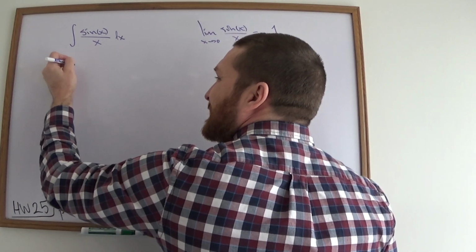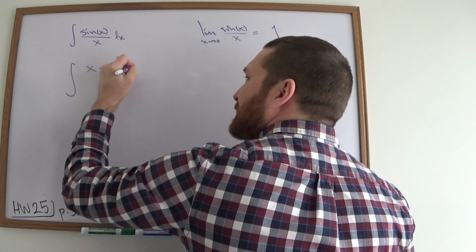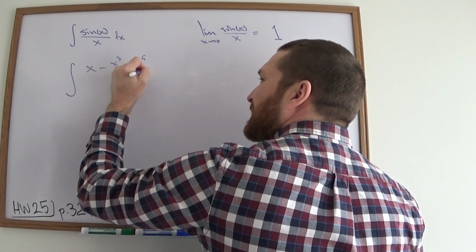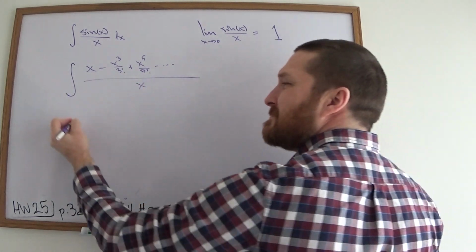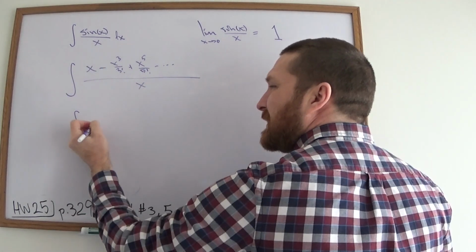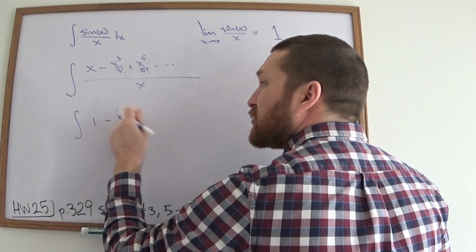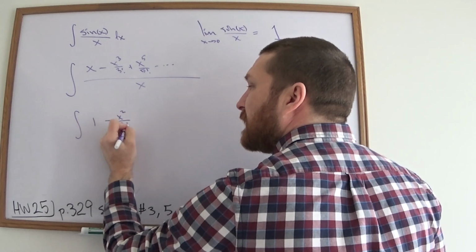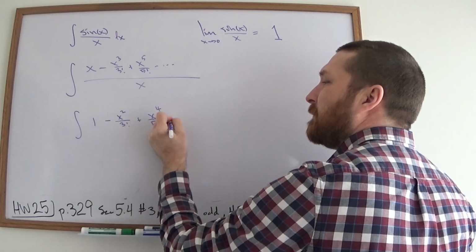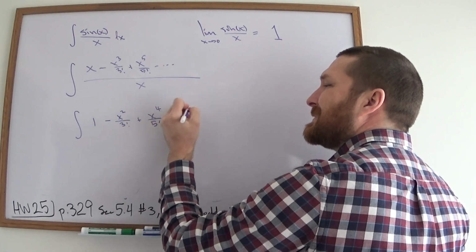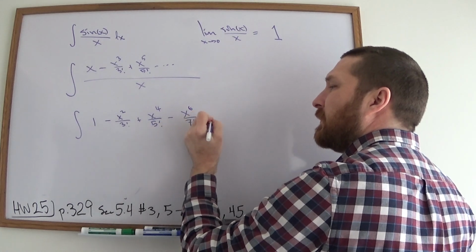Sine x is x minus x cubed over 3 factorial plus x to the 5th over 5 factorial, and so on, all divided by x. And then the x's cancel, so you get 1 minus x squared over 3 factorial plus x to the 4th over 5 factorial minus x to the 6th over 7 factorial, and so on.